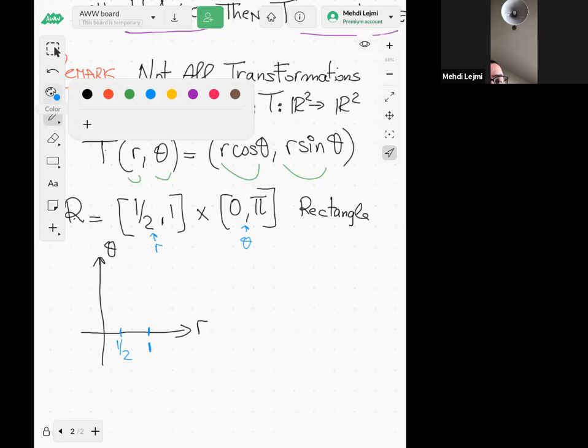Here's 0 for theta, and here's pi. Pi is 3.14 something, some decimal, so let's say that's my pi.